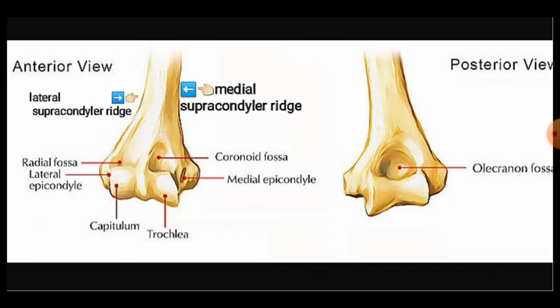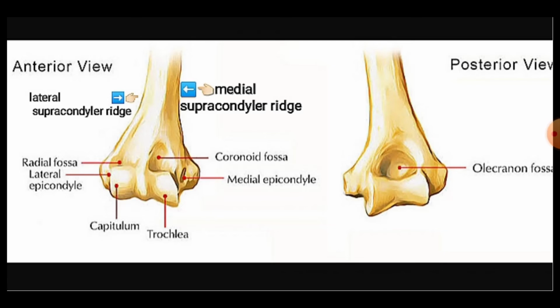Next is the sharp lateral margin just above the lower end, called the lateral supracondylar ridge. The medial supracondylar ridge is a similar ridge on the medial side.